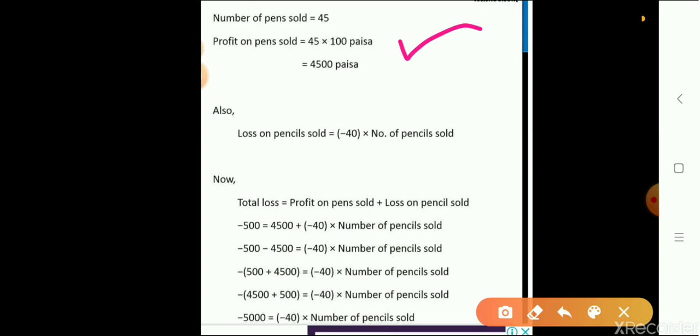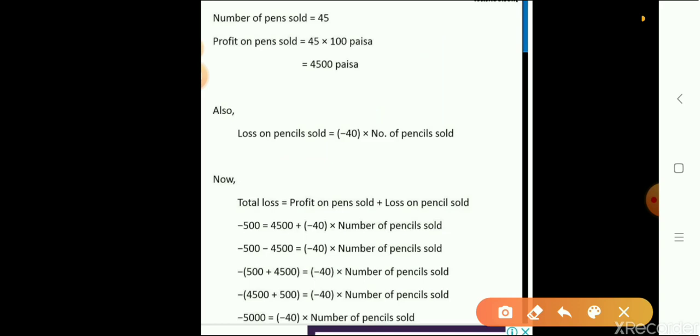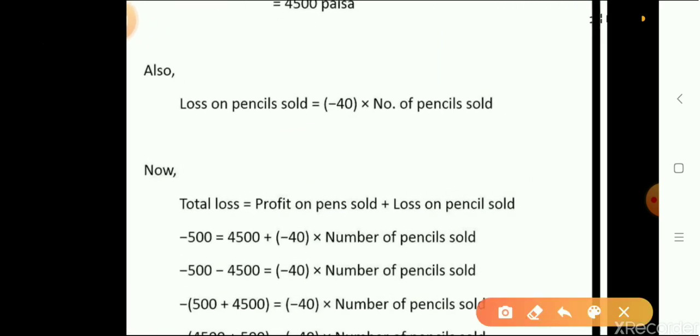Now the loss on the pencil sold will be the loss on per pencil multiplied by the number of pencils sold. We know the loss per pencil is minus 40 paise and it will be multiplied by the number of pencils sold. Now our equation will be total loss is equal to profit on pen sold plus loss on the pencil sold.